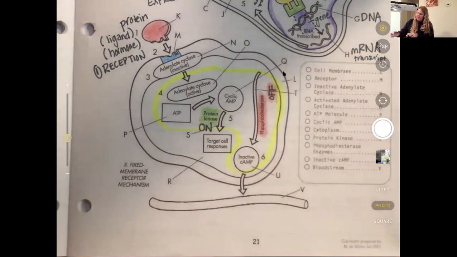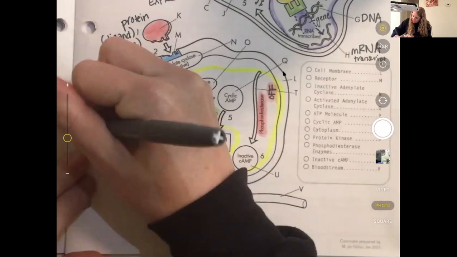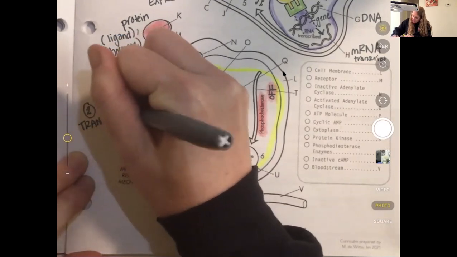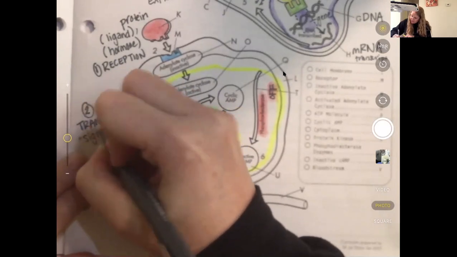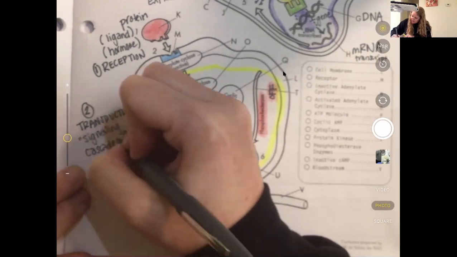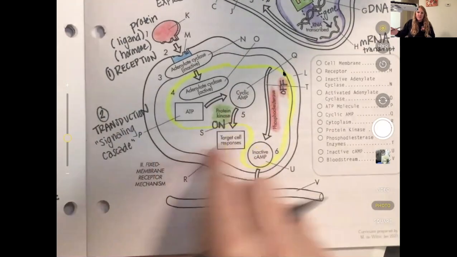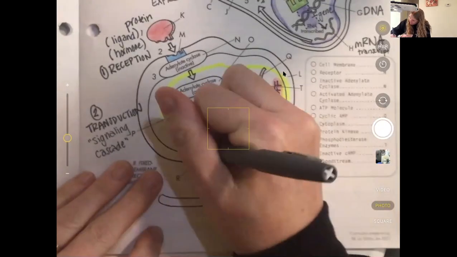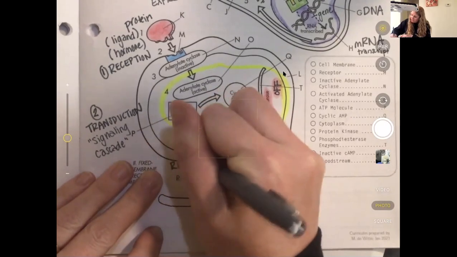All these steps, this chain reaction that had to happen was step 2, transduction. And transduction is often referred to as a signaling cascade. And a cascade is a chain reaction. It's a chain of events. So it's kind of like playing telephone, if you will. And then last but not least, we have our response, which is a cell function of some sort.